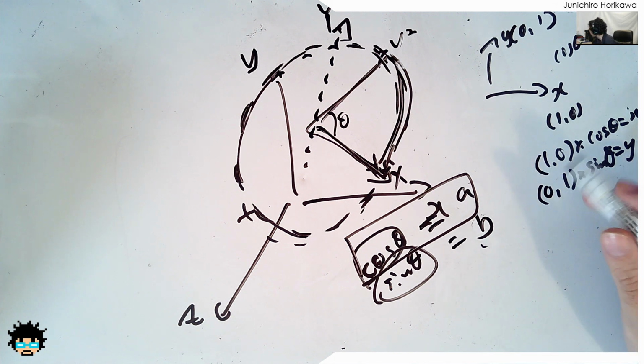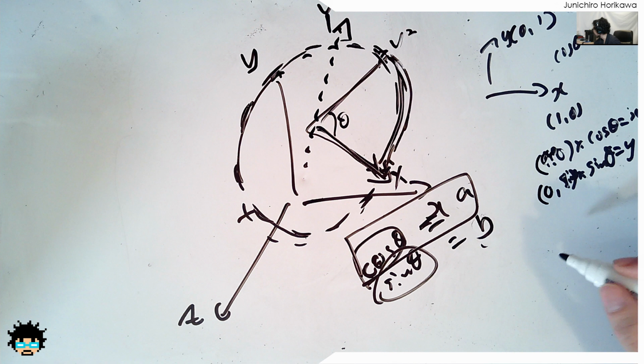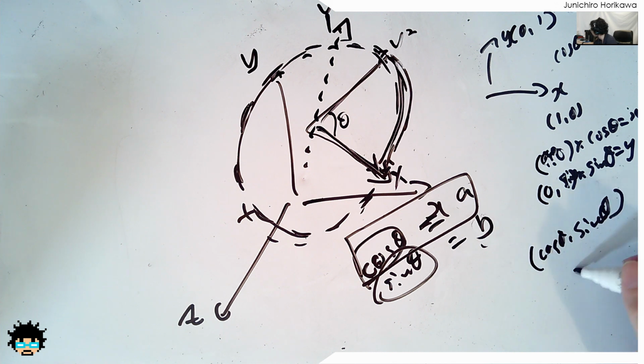As a result, the 0 multiplied by sine is 0, so only the x value is used for the cosine and only the y value for the sine, and the cosine and sine gave the coordinate for the circle point position.